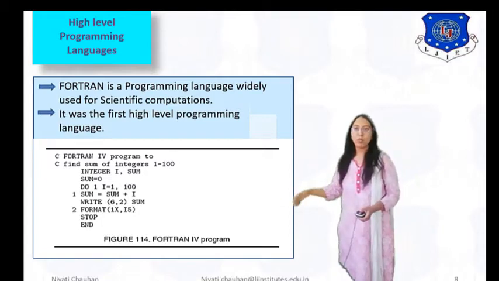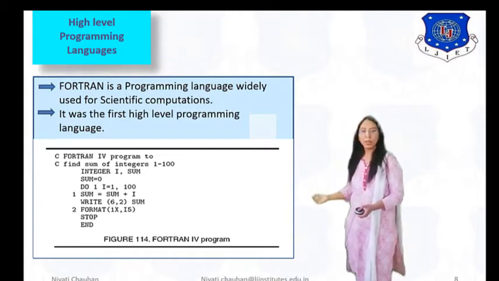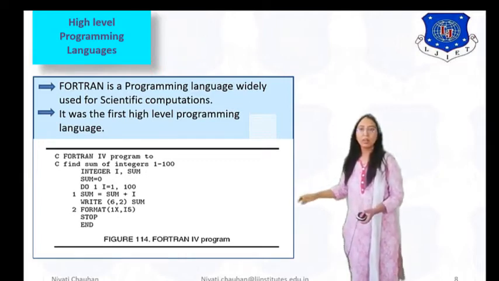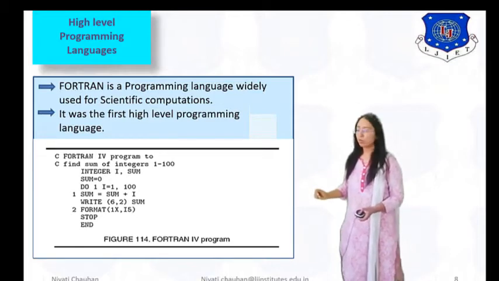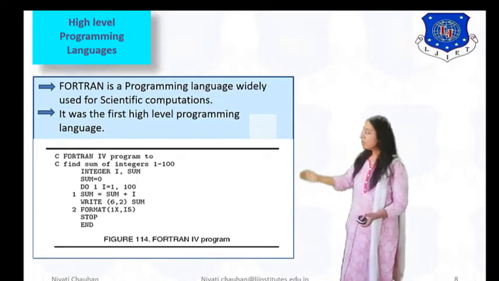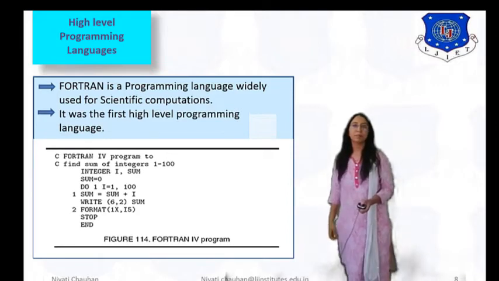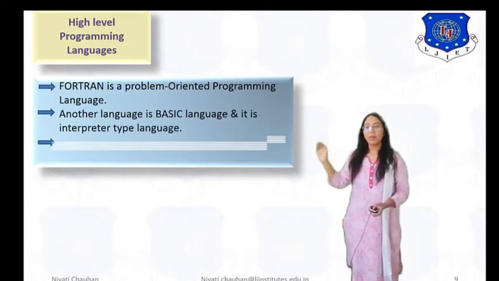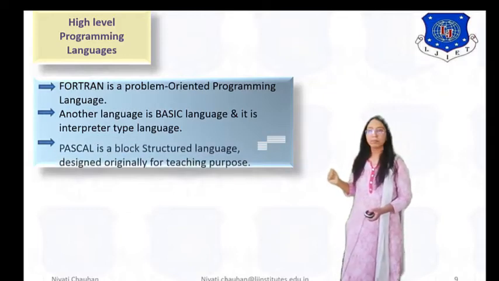We know that 6 plus 2 equals 8. Next, format (1x, I5), where x is any number. Then stop, and the last statement is end. So this is a simple program in Fortran. Fortran is a problem-oriented programming language.